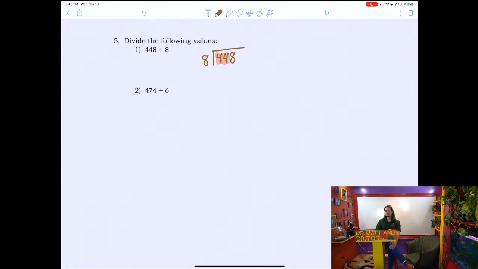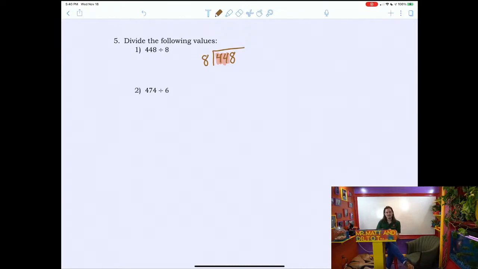So how many times can 8 go into the number 44? Now, 8 does not go into 44 a whole number of times, so we're going to have to round down.